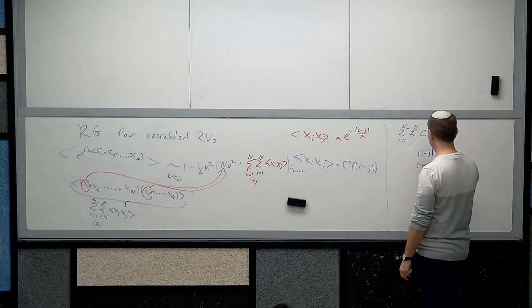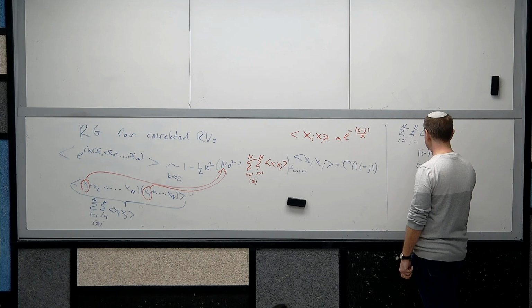First, i minus j smaller than 0. The other one is i minus j larger than 0.